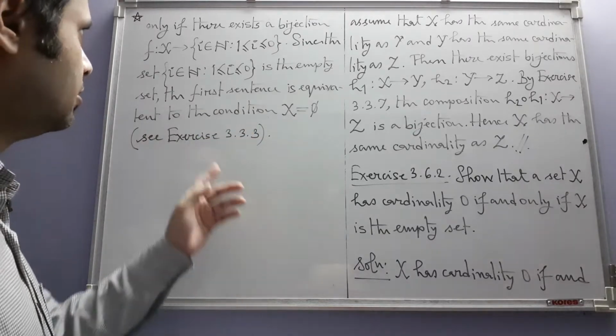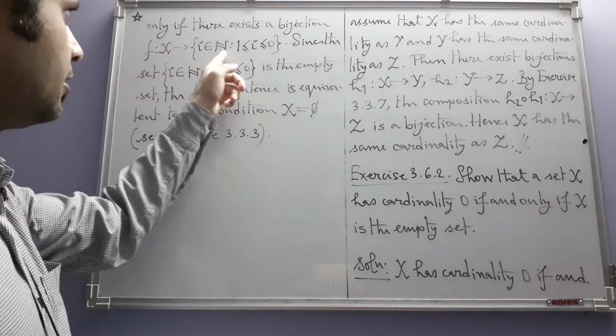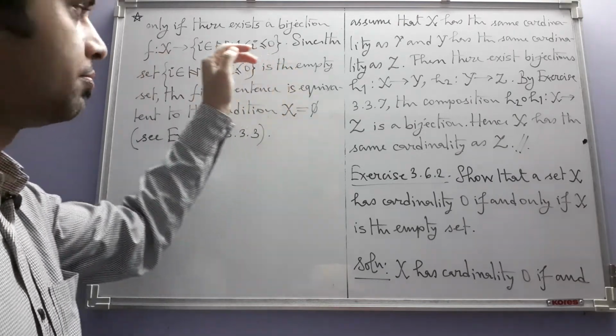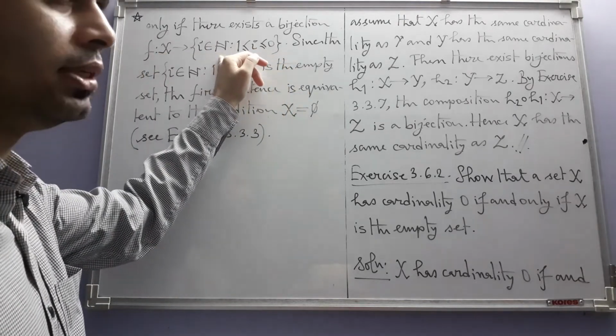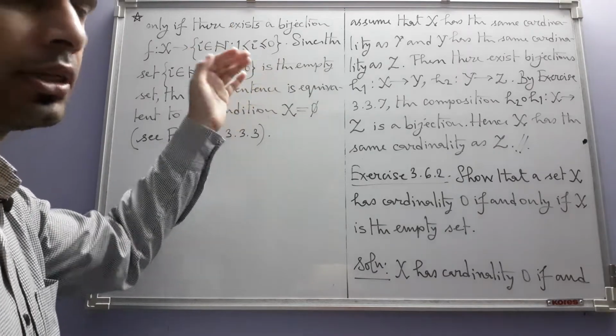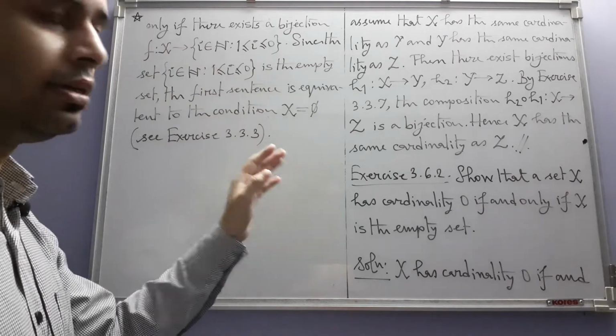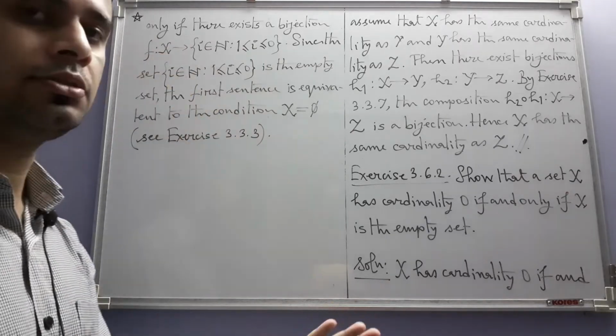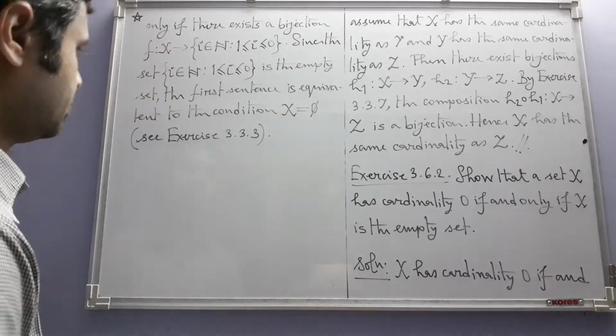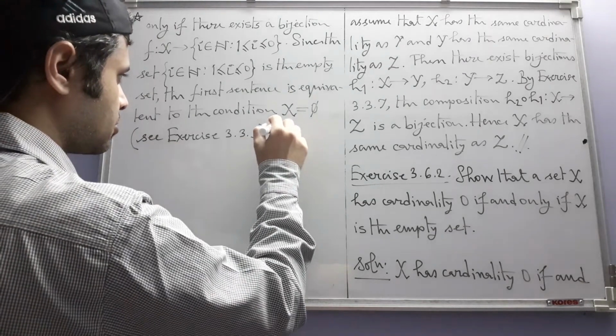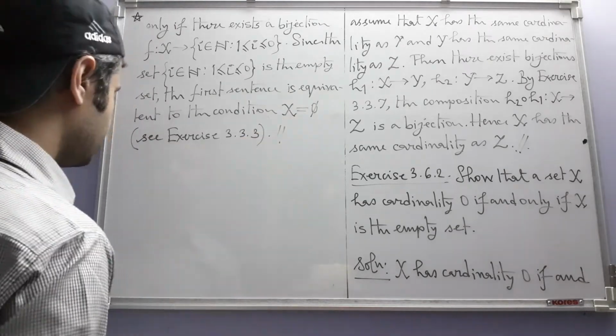There we have seen that such a function where one of the sets is empty, either the domain or the range, is a bijection if and only if the other set is also empty. Okay, so this completes the solution.